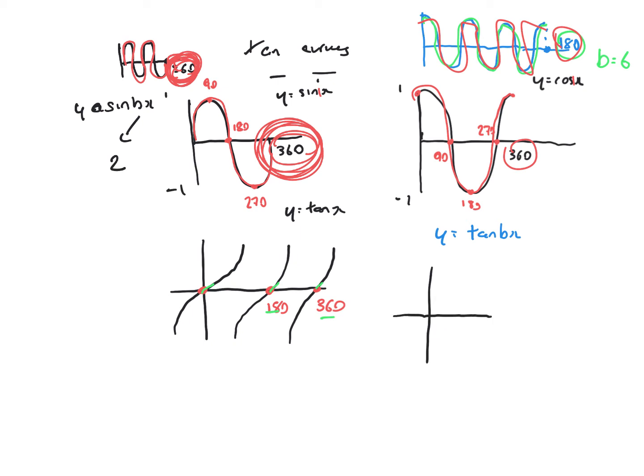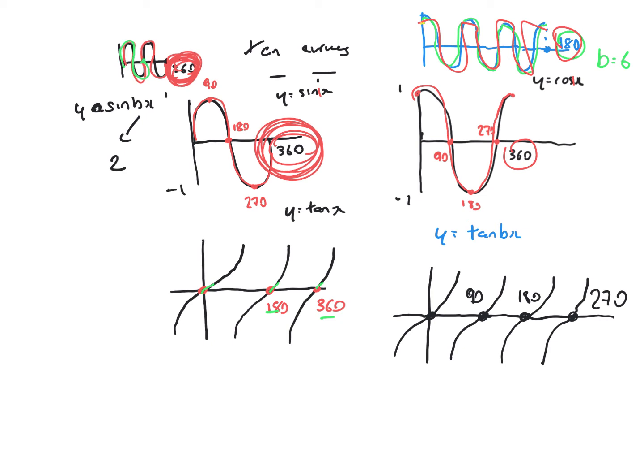So, for example, let's say we had an example like this. Okay, so let's say that's 0, 90, 180, 270. Now, how do we know we've got a complete curve? Well, if we go back to sine, you've got a complete curve when the thing starts to repeat.